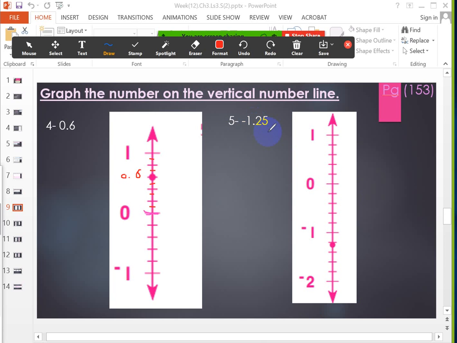Negative 1.25. Okay, I want you to help me, Jenna. Open your mic. Yes, teacher. Could you please help me and tell me, negative 1.25 will be between two numbers. Which two numbers?